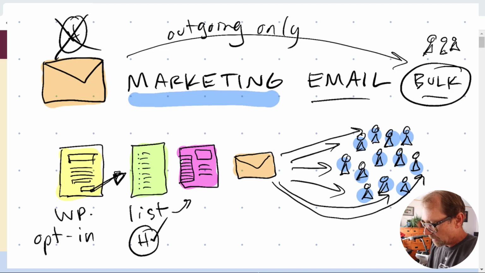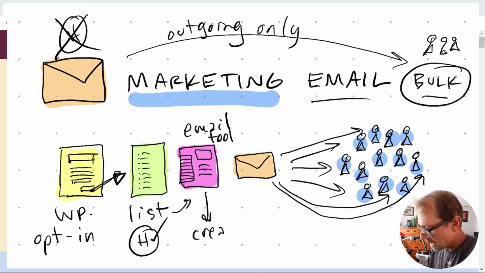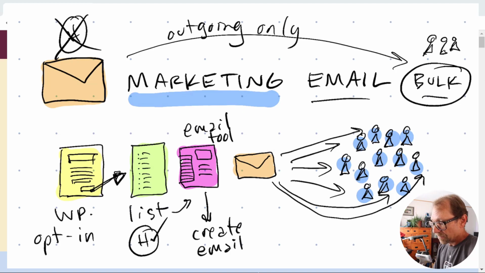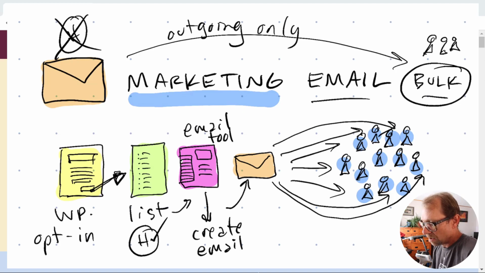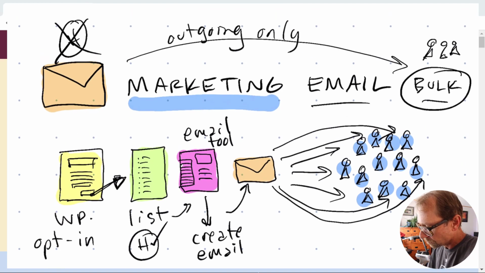Then this pink layer here is an email tool, something to create and design an email so that you can send it out to all the people on the list. That's kind of how marketing email works.